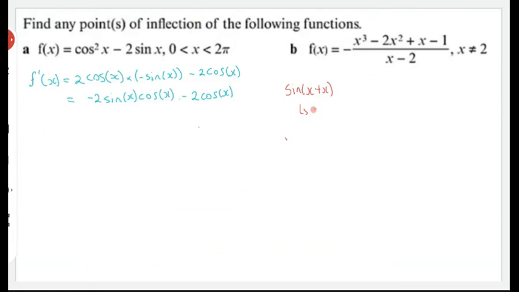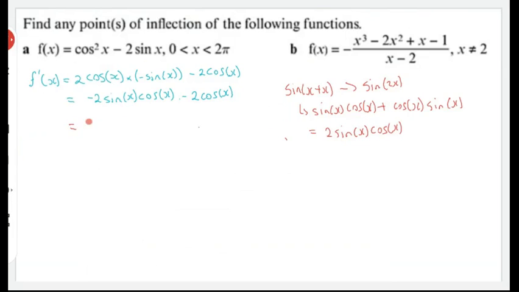But when you expand it, it's sine x cos x plus cos x sine x, which is the same thing as 2 sine x cos x. But that's the same thing as sine of 2x.